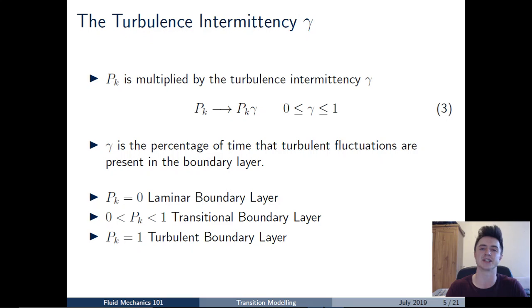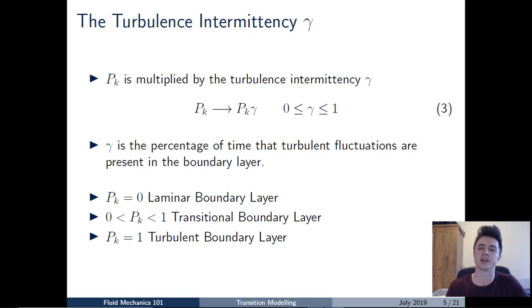turbulence intermittency called gamma. And in general, gamma is going to take a value between 0 and 1, where really gamma is indicating the state of the flow locally. If gamma is 0, that means the flow is locally laminar and we're near the leading edge of our flat plate or aerofoil.